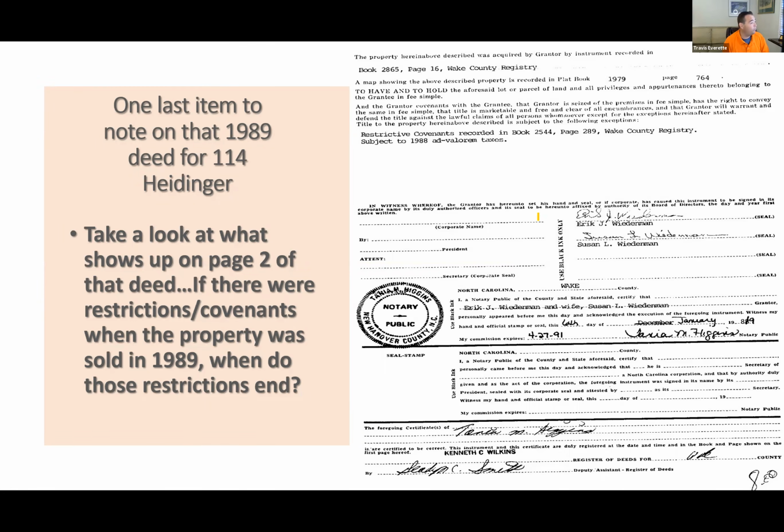Well, yes and no. All stilettos are shoes, but not all shoes are stilettos, right? So all covenants are appurtenances, but not all appurtenances are covenants. Covenants are a subset of appurtenances.